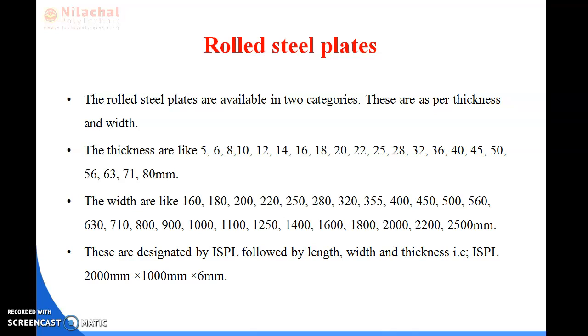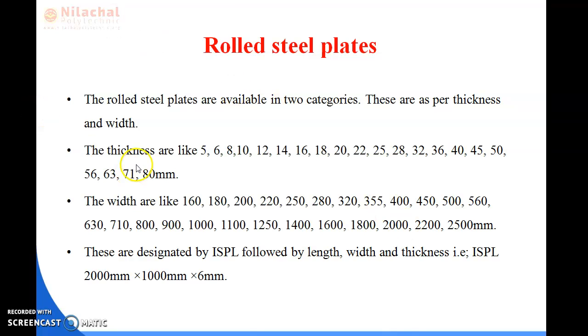The rolled steel plates are available in 2 categories, as per thickness and as well as width. The thicknesses are available in 5 mm, 6 mm, 8 mm, 10 mm, 12 mm, 14 mm, 16, 18, 20, 22 up to 80 mm.